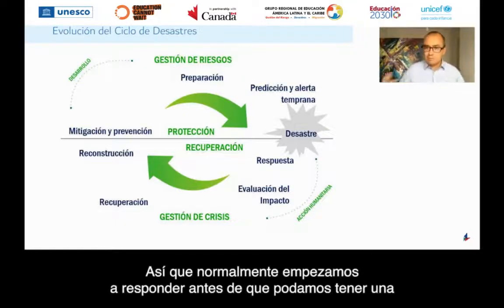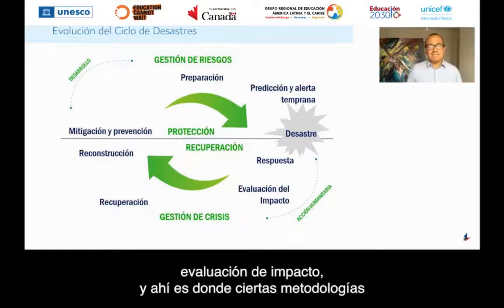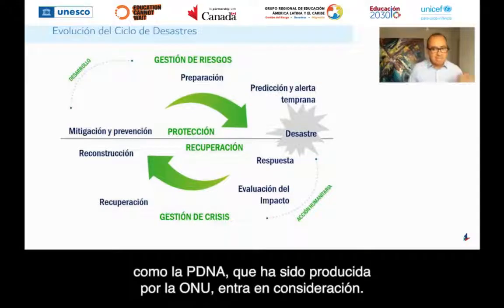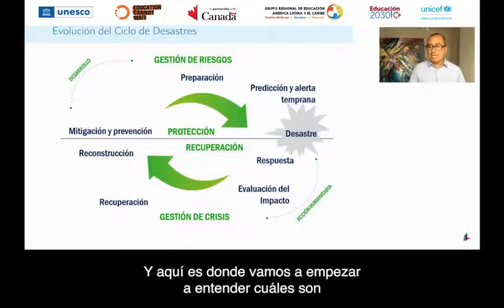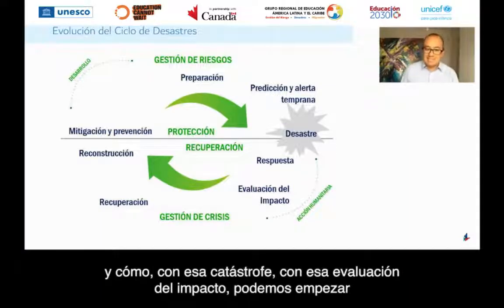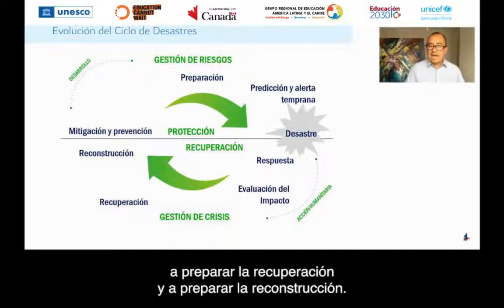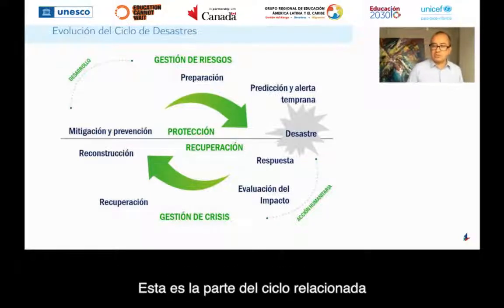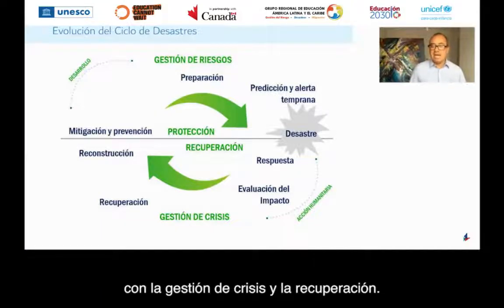Normally we start responding before we can have an impact assessment, and that is where methodologies like the PDNA, produced by the UN, come into consideration. Here we start understanding, for instance, what urgent needs the disaster has made evident, and how with that impact assessment we can start preparing for recovery and reconstruction.